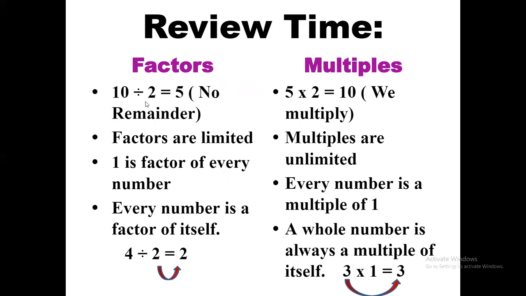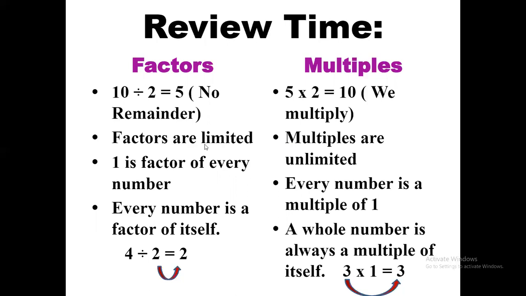The Fruit Ninja always has a sword in his hand, and what he does with that sword is chop the fruits. In the same way, in factors we are dividing, and divide is the sign which breaks the number into pieces. So you can remember factors with the example of Fruit Ninja, but the condition is that whatever number you choose for division, there should be no remainder.